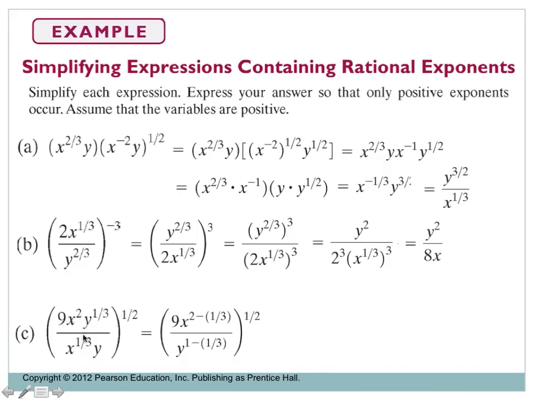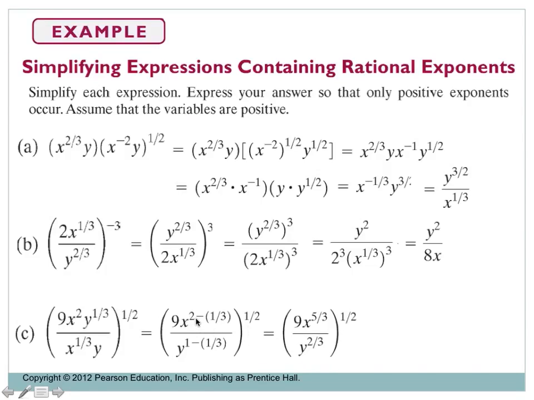And since we're dividing, we subtract our exponents. So we have 9x to the 2 minus 1/3 power. Basically all you're doing is moving this x to the 1/3 up top. And then since our higher power for our y is in the denominator, we leave our y in the denominator. So we have y to the 1st, which is from here, minus 1/3.